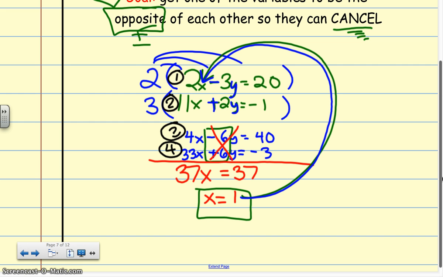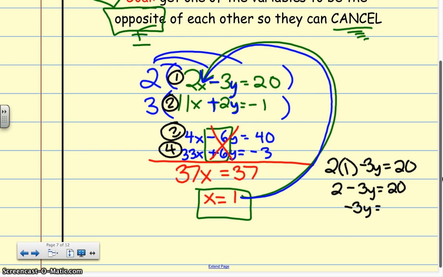I usually try to pick the originals because the coefficients are smaller. So now I'm just going to rewrite 2 times x, but x is 1, minus 3y is 20. 2 minus 3y is 20. Take 2 away, negative 3y is 18. Divide by negative 3, and y is a negative 6.